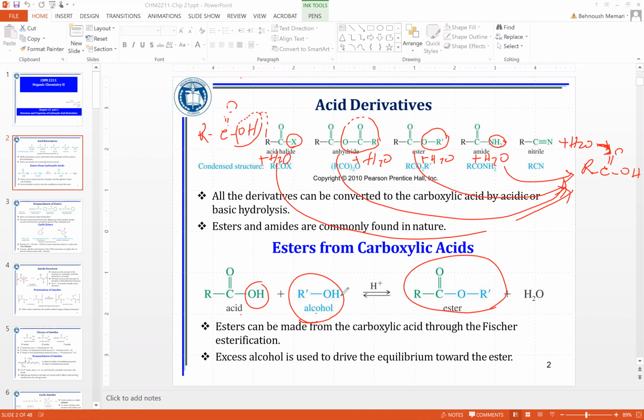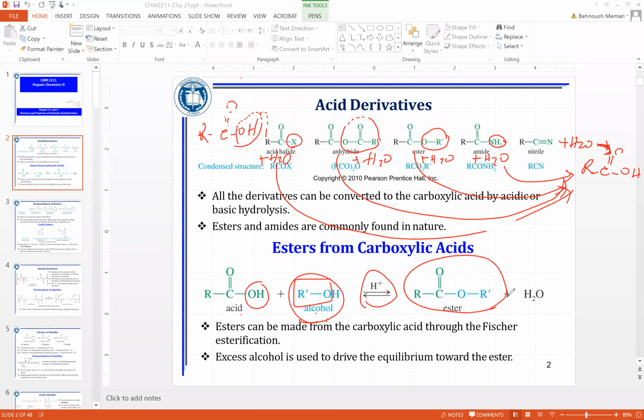So the OH is replaced by OR, and we have the ester. This reaction is called esterification. Excess alcohol is used because this reaction is reversible.